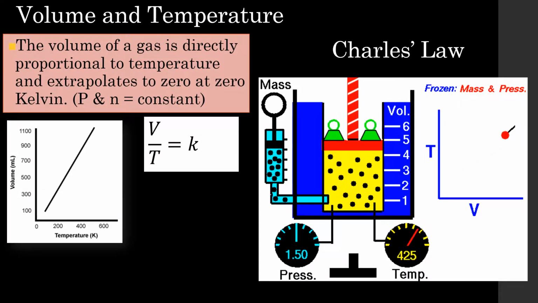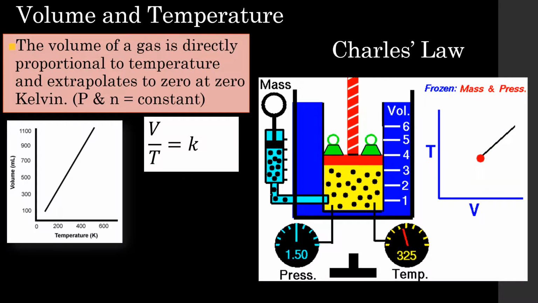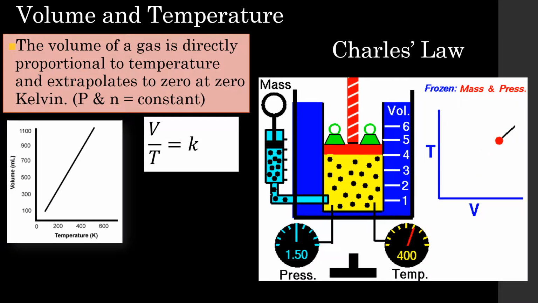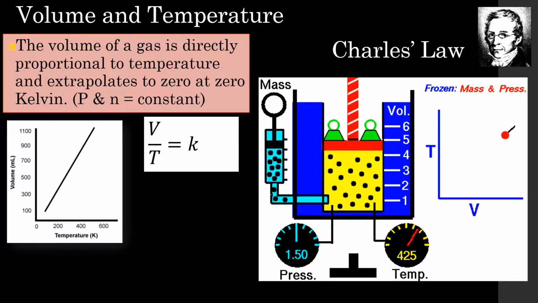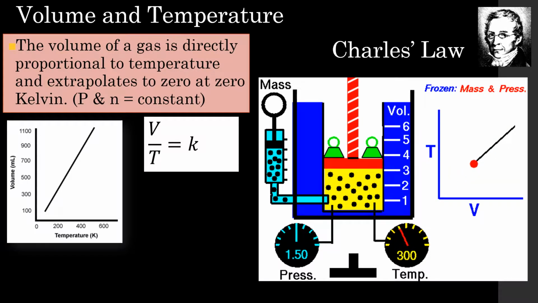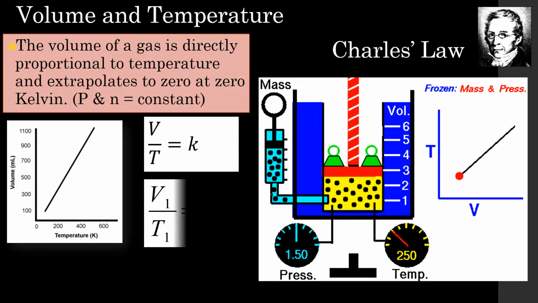If we have a look at the relationship between volume and temperature, this is known as Charles's law. And here is the fellow that got around in a hot air balloon. So the volume of a gas is directly proportional to the temperature and extrapolates to 0 at 0 Kelvin. So therefore, we must do our calculations with gases in kelvins.